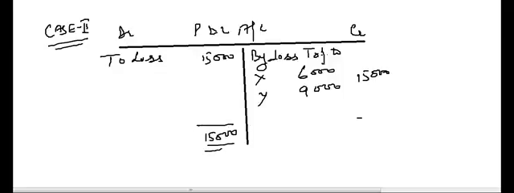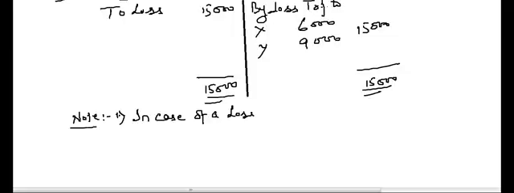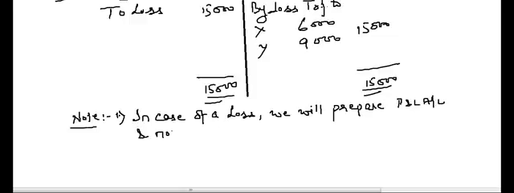Now what you have to do in this case, here you must give a note. You must give a note that in case of a loss, we will prepare profit and loss account and not profit and loss appropriation account.